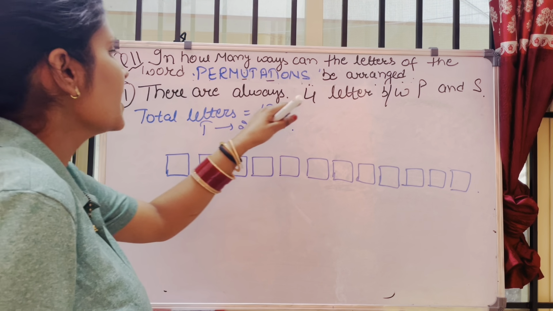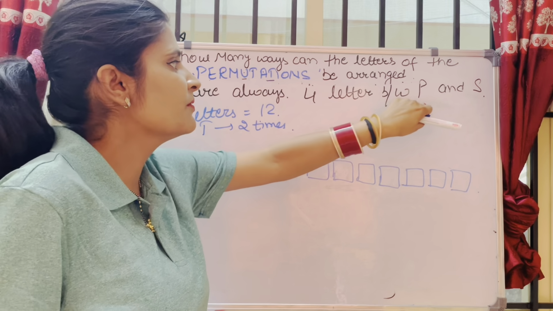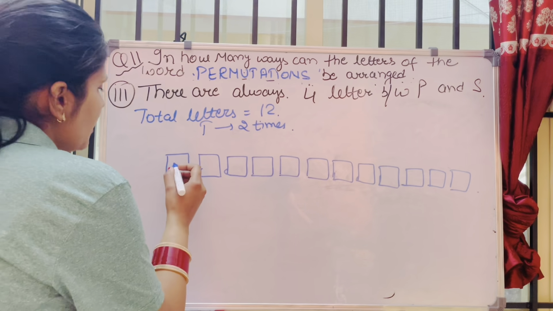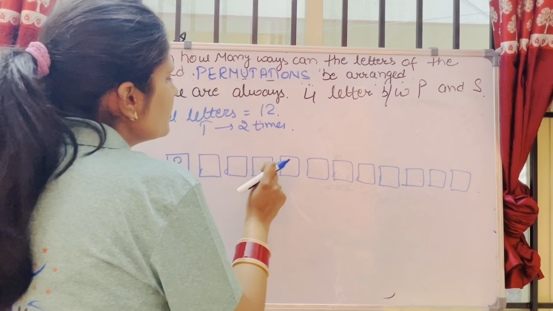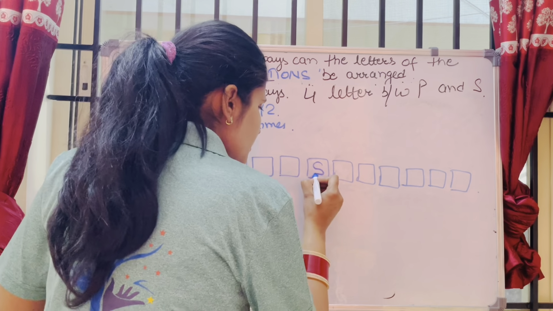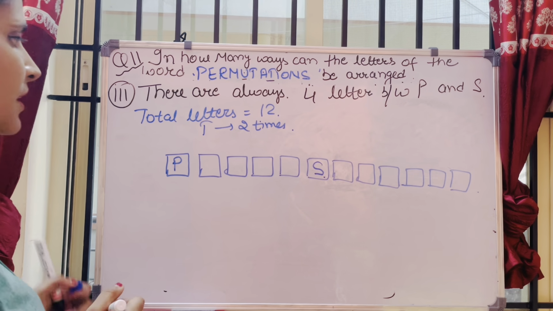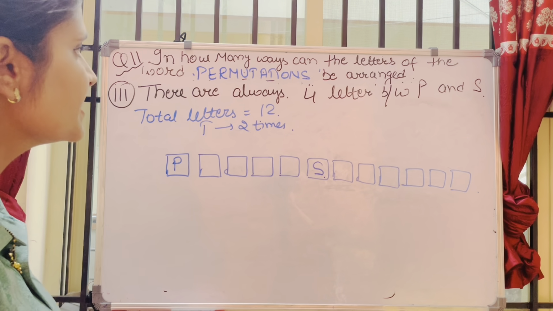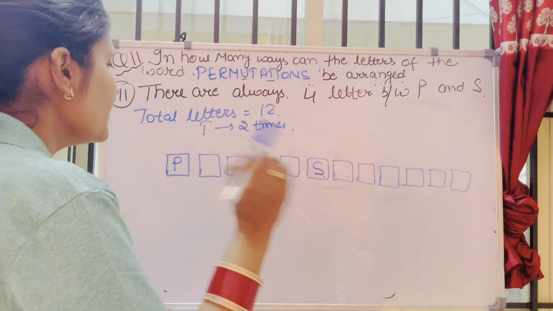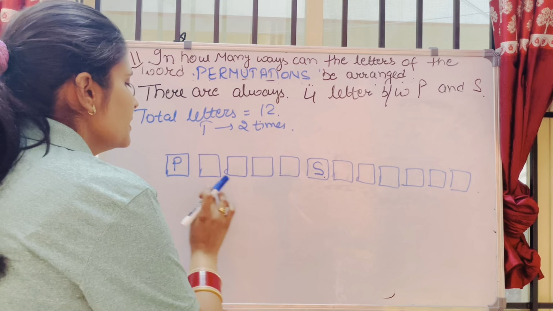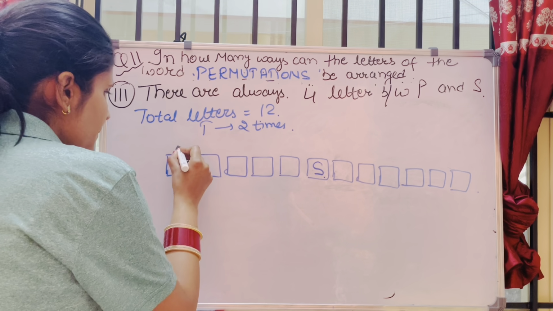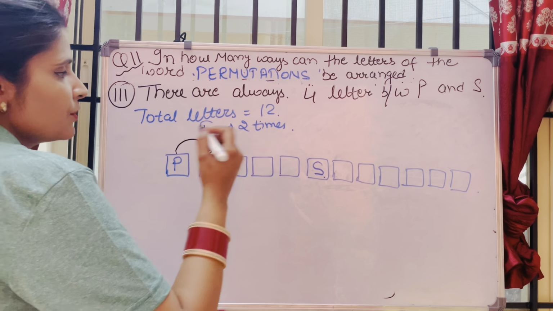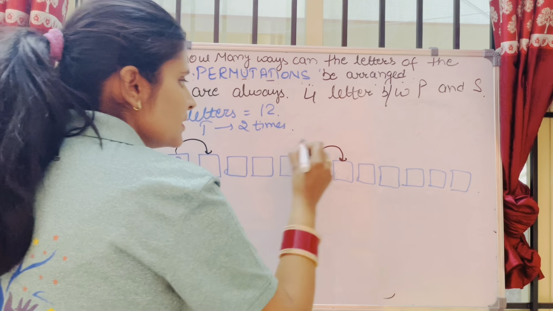So there are always 4 letters between P and S. If we write P at the first position, then after 1, 2, 3, 4, here will be the S. So the condition is there are always 4 letters between P and S. If I shift P to this side, S will also shift.